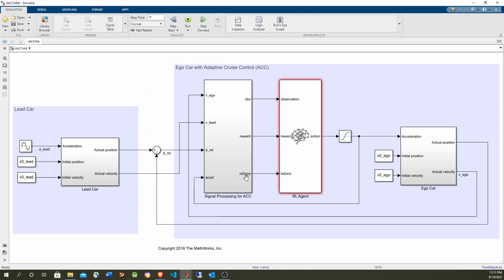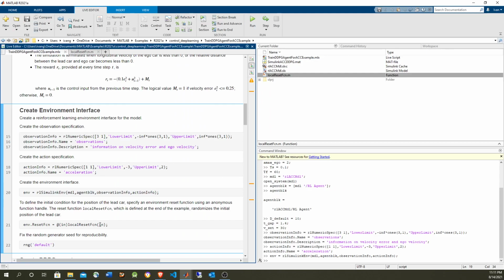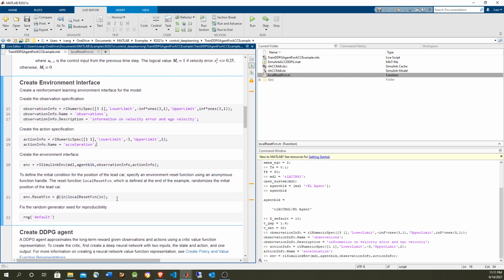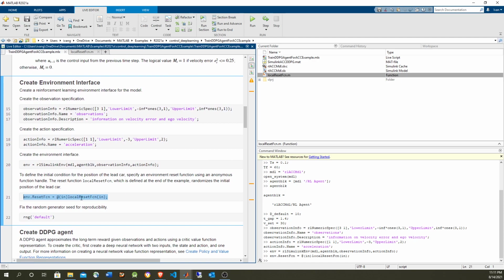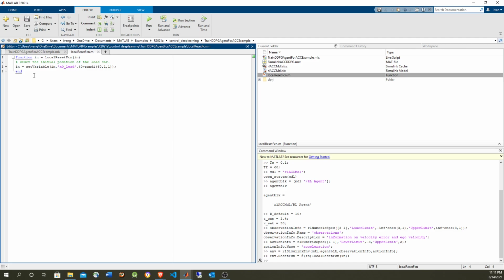For example, when is done is true, then we have to invoke a reset function, and what we provide here is basically a callback. You can define any function in there. In this case, it's very simple. I'm not going to debug through it. It's just going to set a variable in the model, which is the initial position of the lead car, to a random value.